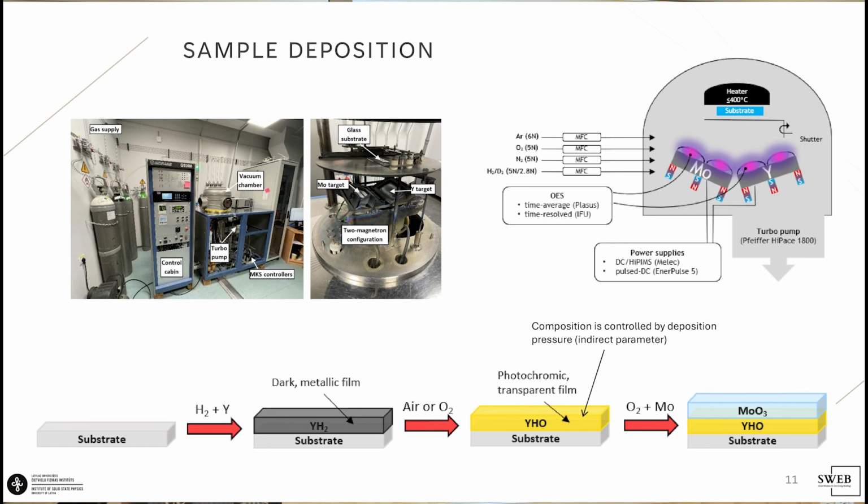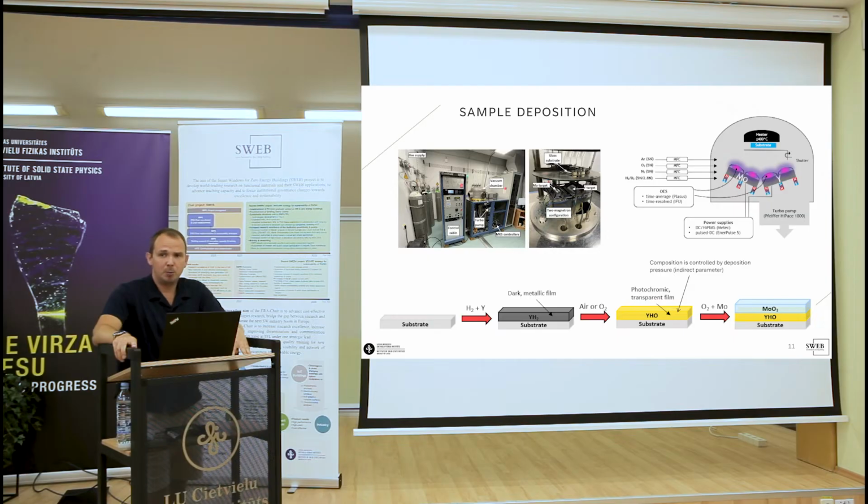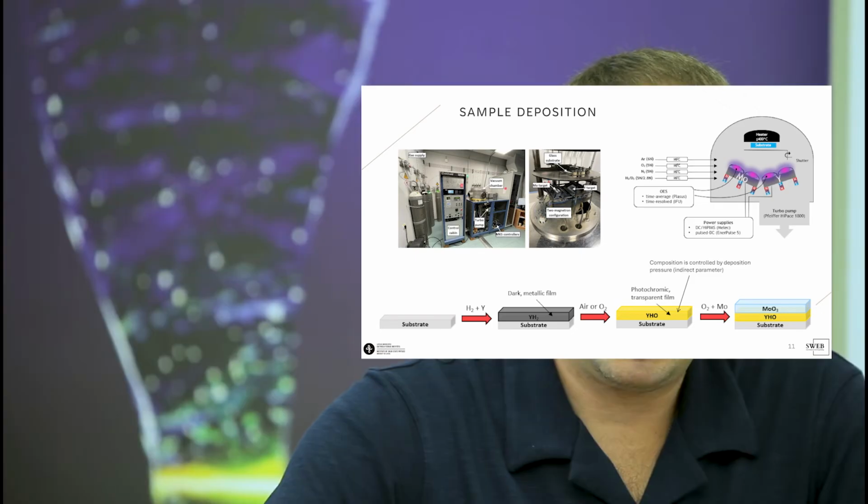We sputtered the yttrium target in argon plus hydrogen atmosphere to produce yttrium dihydride, to produce the cubic phase structure of it. And this is very important because when we try to add also oxygen during deposition, it seems impossible to obtain the right phase of the material.